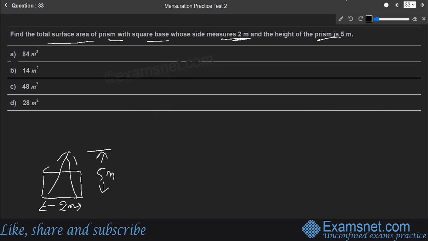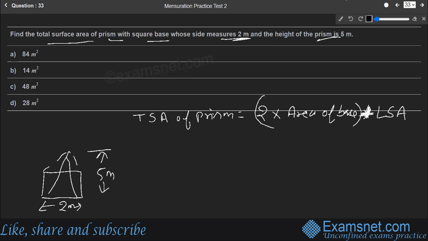So we need to know the formula of total surface area of a prism. Total surface area of a prism is given by twice the area of the base plus the lateral surface area. Where the lateral surface area can also be calculated. So the total surface area of the prism is twice the area of the base.